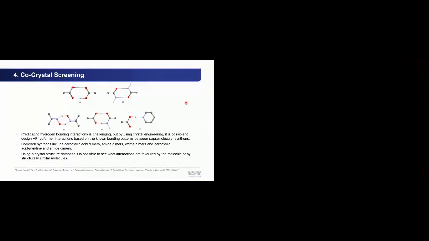This uses something called supramolecular synthons. So synthons, for example homosynthons, where you've got the same molecule bonding within the crystal. In this case, we have carboxylic acids, or you might look at ones where you have different functional groups, carboxylic acid and pyridines, and amide dimers, or this carboxylic acid bonding to a different functional group.